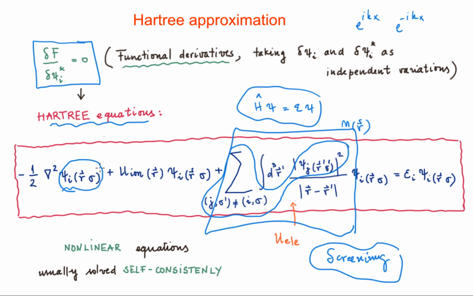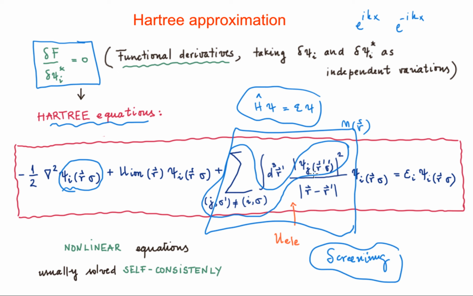The Hartree equations are extremely complex to solve. They are non-linear. You can see that here we have the psi squared. And of course, in order to get that effective potential, first you need to know which are these wave functions. That's extremely complex.